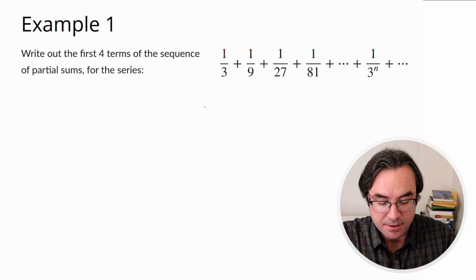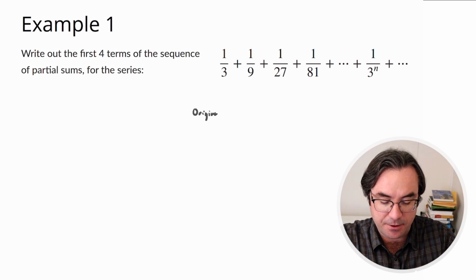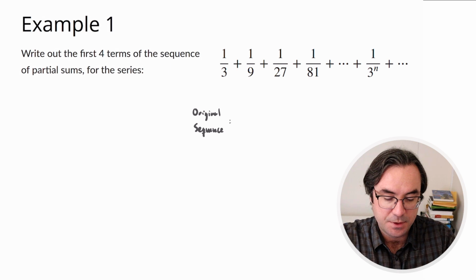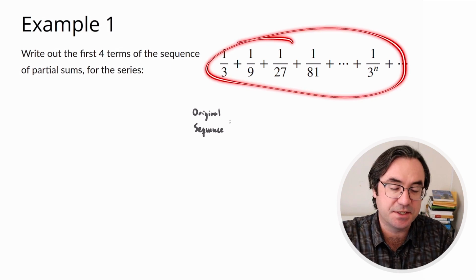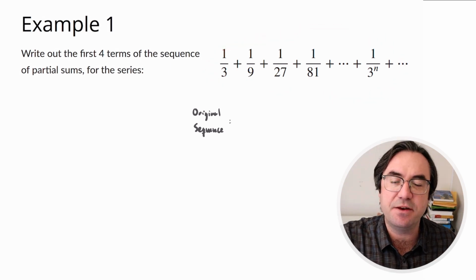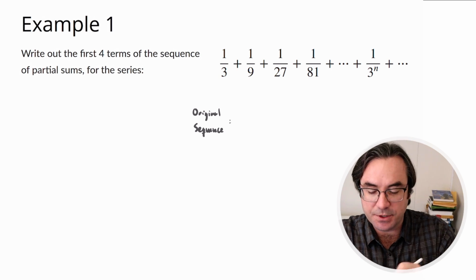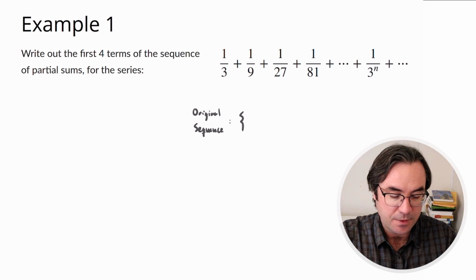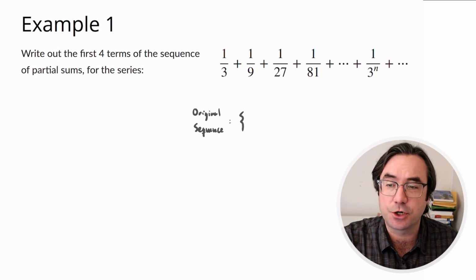Again, let's keep in mind, what is the original sequence here? This is not a sequence. This is a series. We're just adding up an infinite number of terms. We have the formula for our general term here.